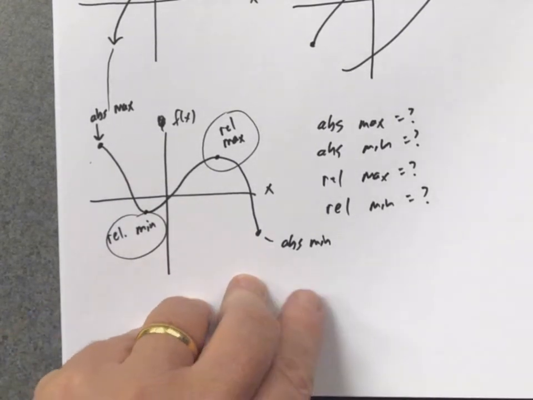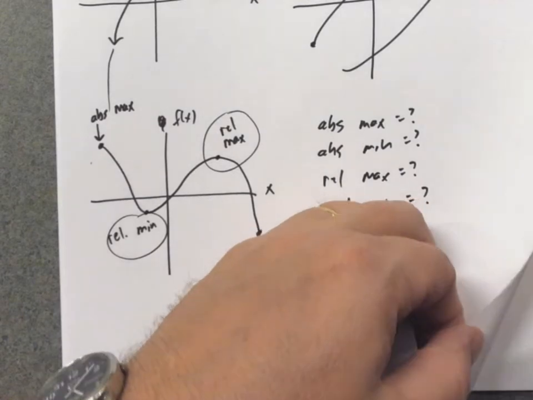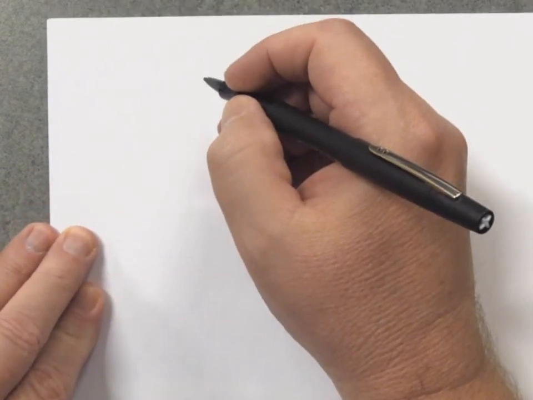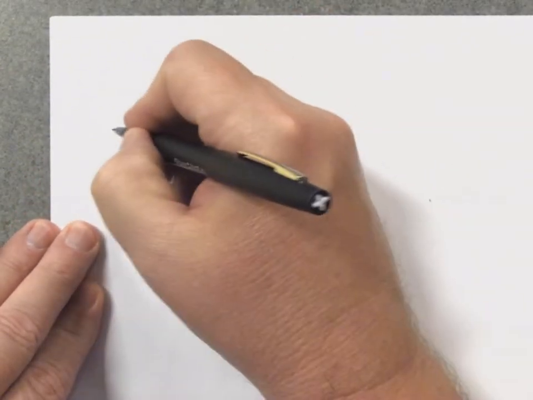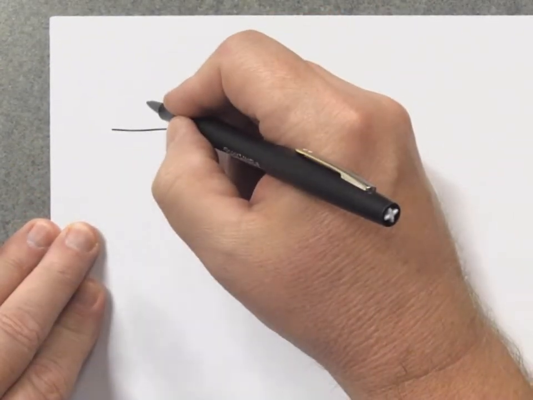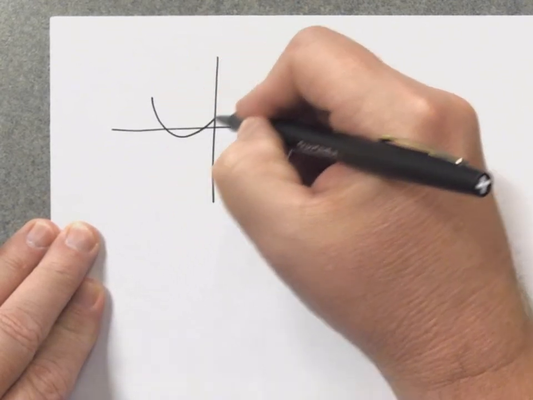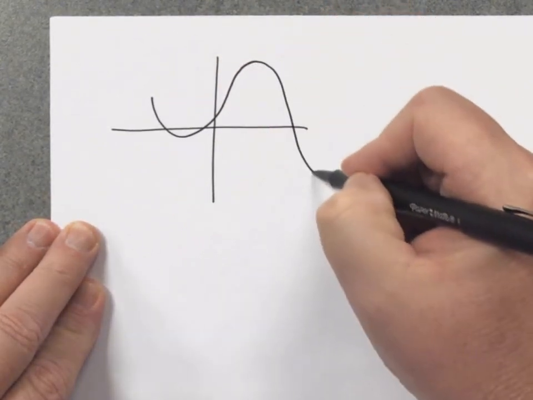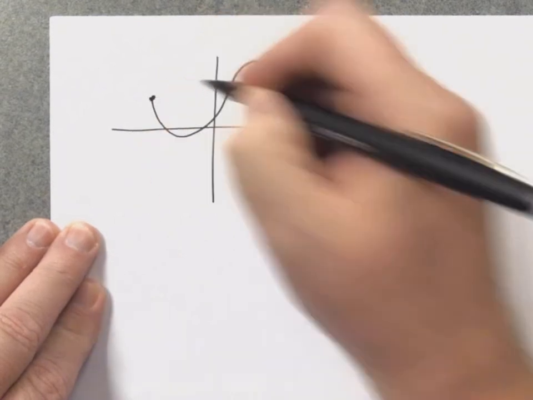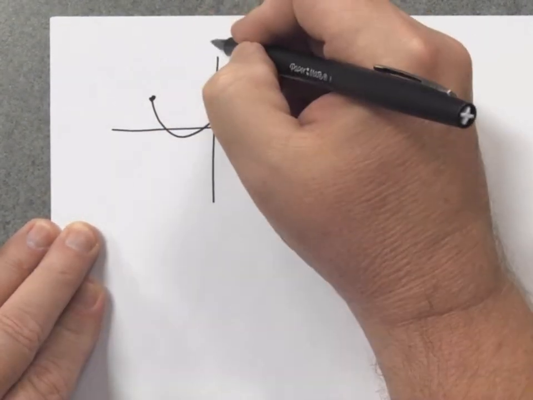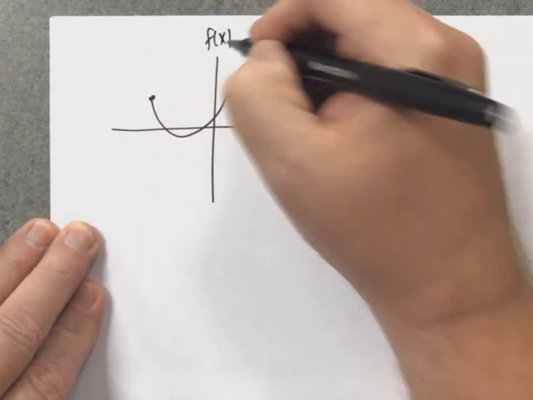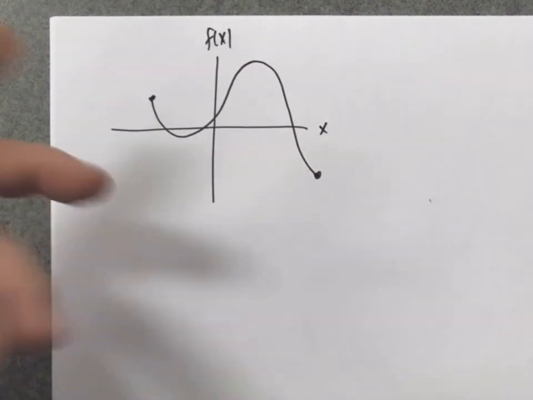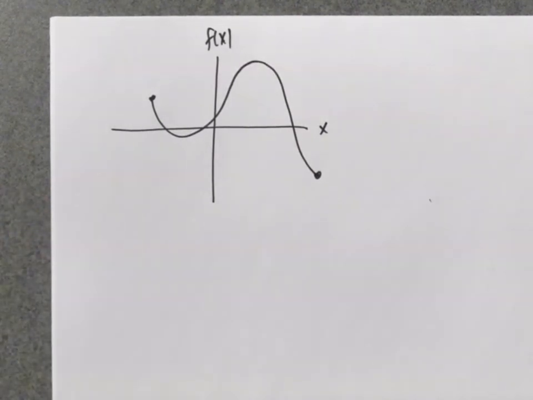Now just out of interest, let me give you a couple other graphs just to make sure you understand the idea about absolute and relative. What if we ever had a graph like this, and we were asked to point out the absolute max and min and the relative max and min.